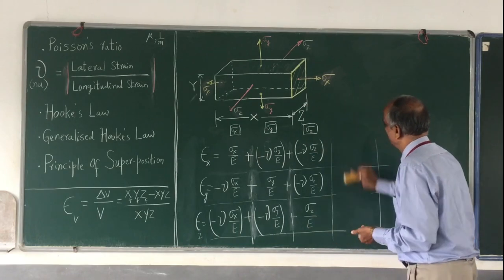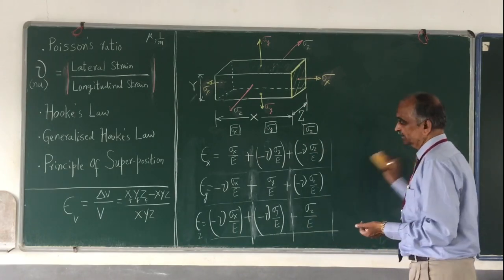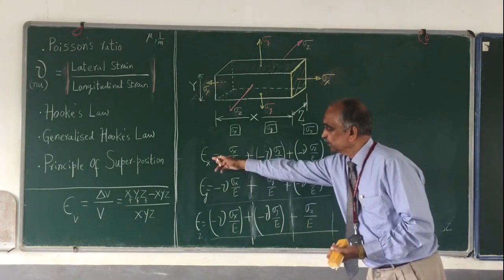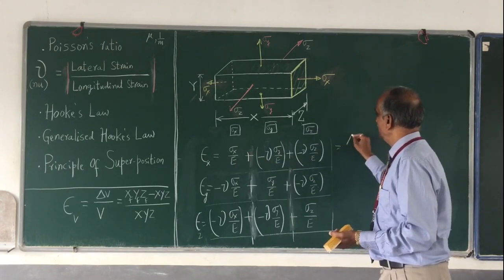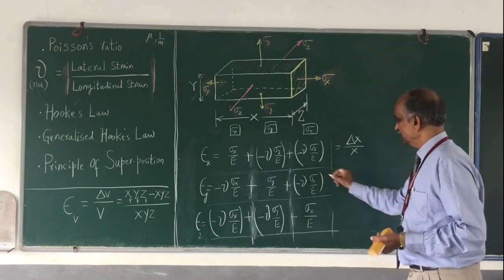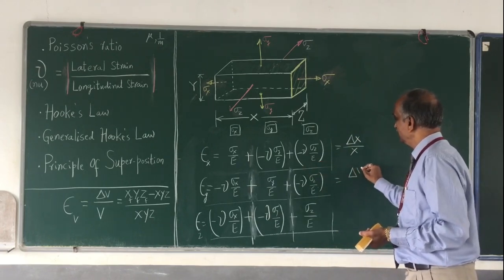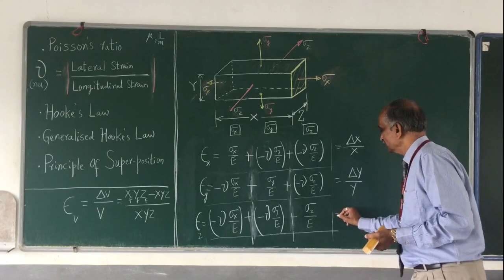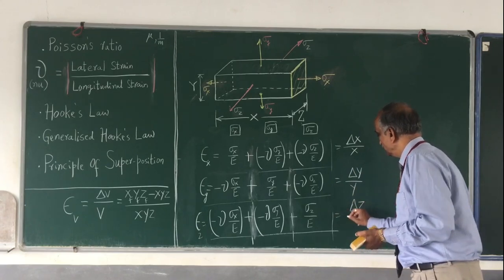And in the earlier discussion, what is epsilon x? This whole thing is nothing but delta x divided by x. The whole thing here is equal to delta y divided by y. This is equal to delta z divided by z.